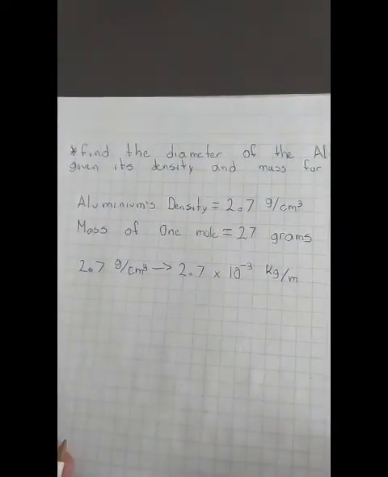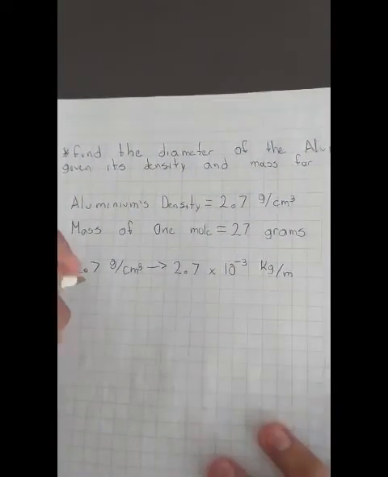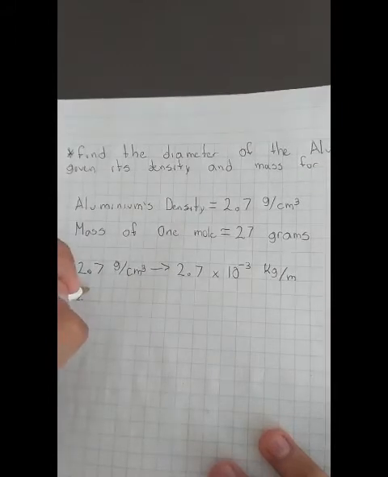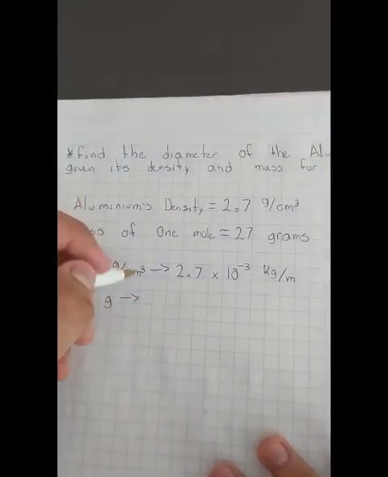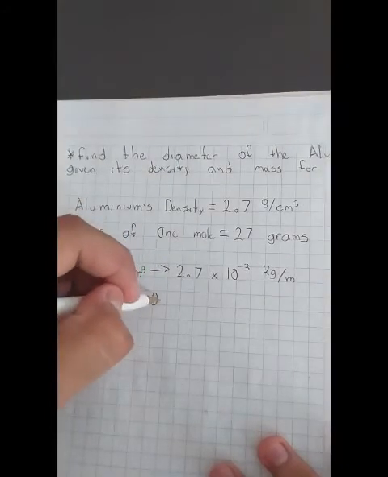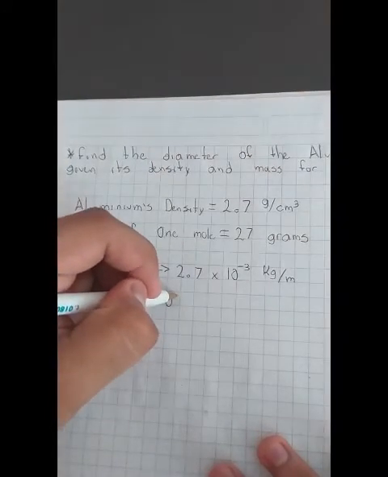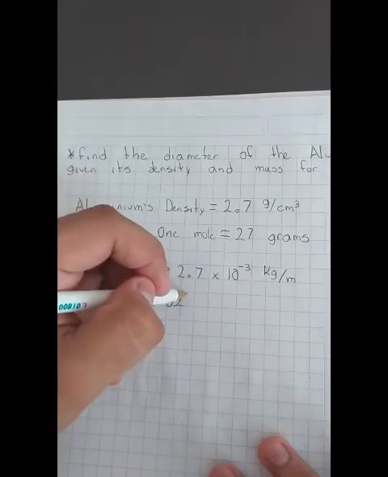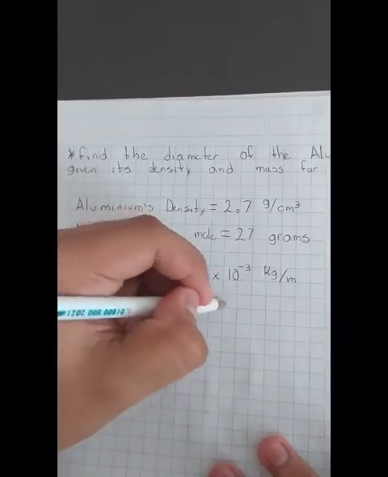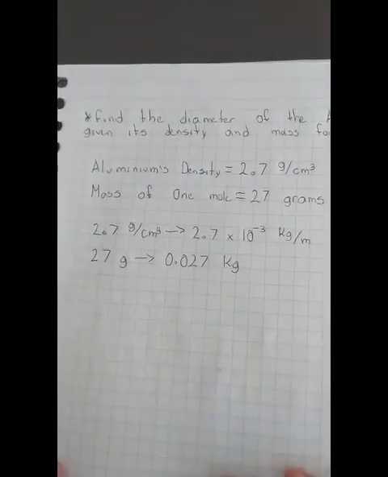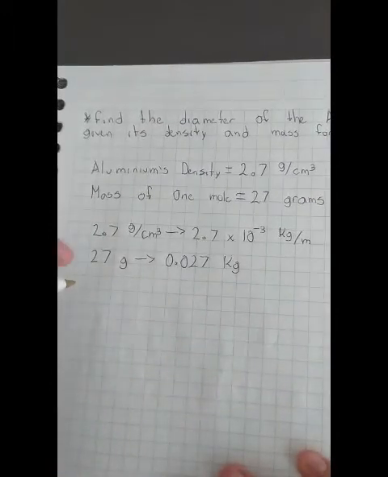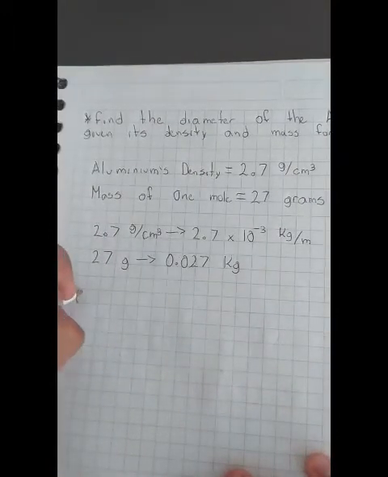And for the mass, it will be 27 grams equal to 0.027 kilograms.